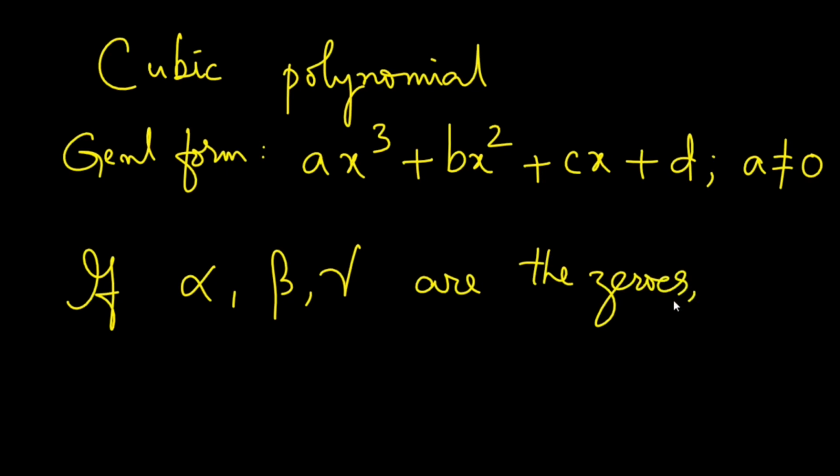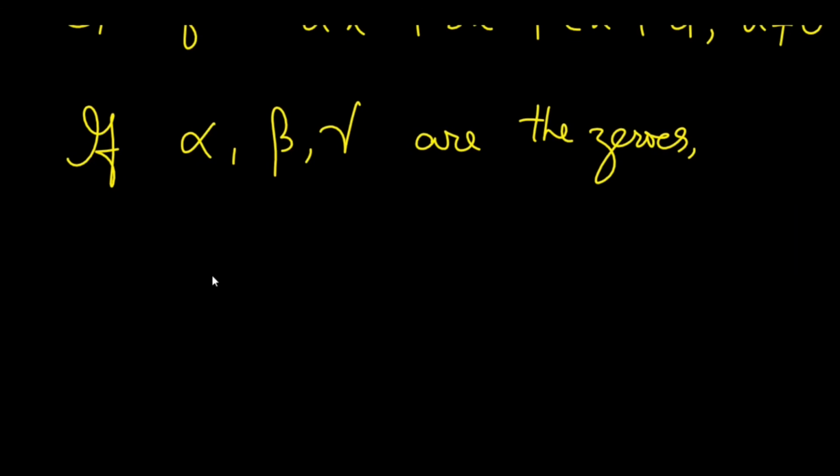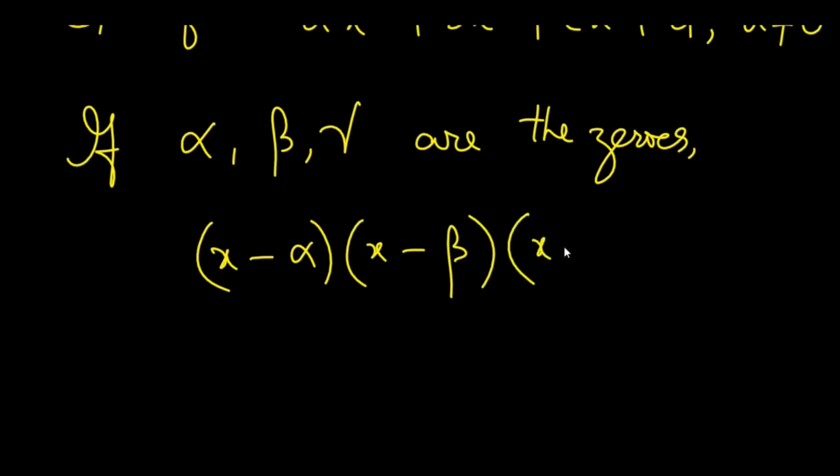then how do we form a cubic polynomial? The linear factors of the cubic polynomial will be x minus alpha, x minus beta and x minus gamma. So the cubic polynomial is x minus alpha into x minus beta into x minus gamma. But we have infinitely many cubic polynomials having zeros alpha, beta and gamma.